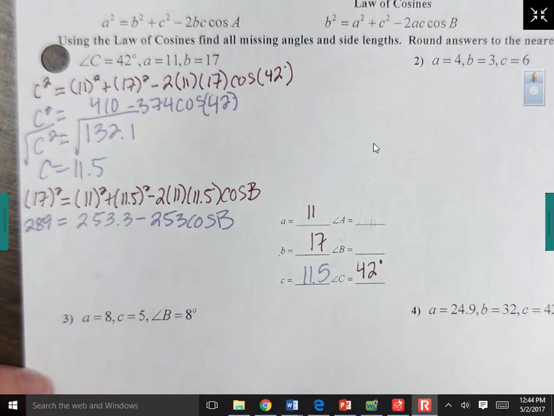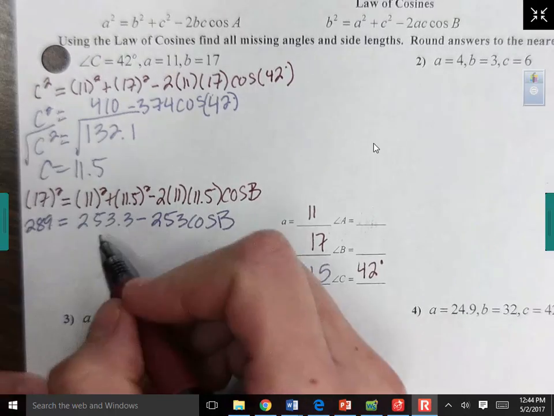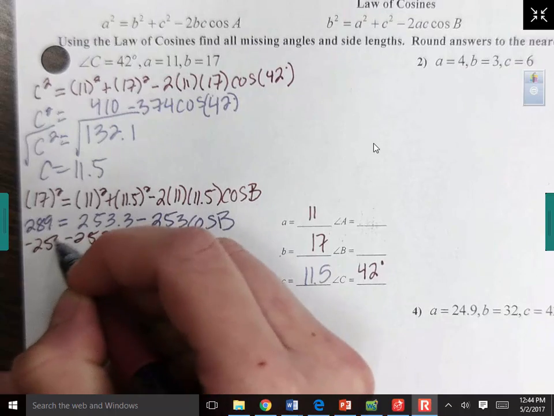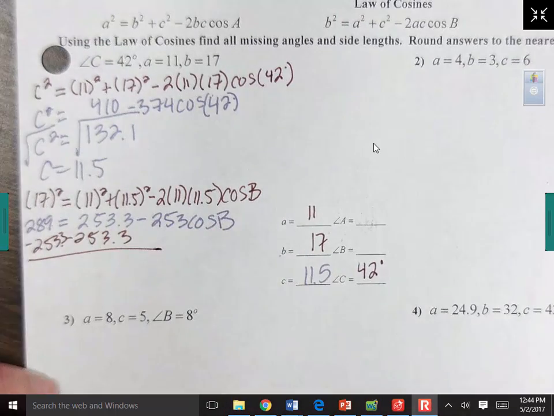Now we would just subtract this 253 from both sides, right? And what would that give us? 35.7, is that what y'all got?